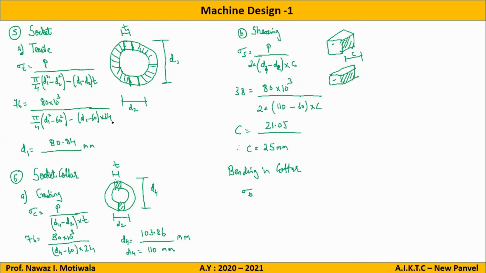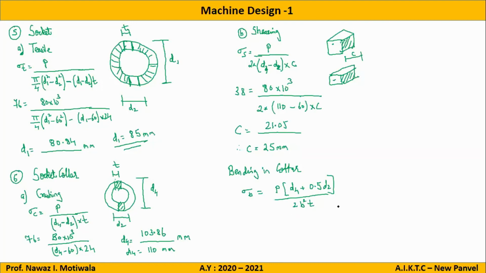Approximately 81.84, which I can approximate to, let us say, 85. So sigma b we have the formula as P into (d4 plus 0.5 d2) divided by 2 t b square, or sorry, 2 b square t.